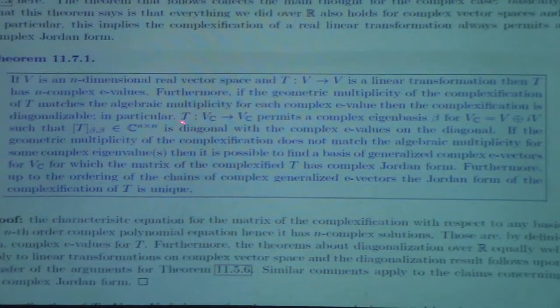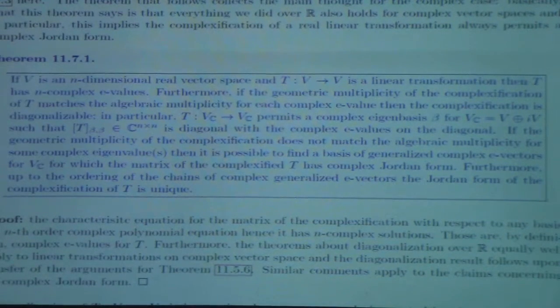I maybe should have T sub C here. The complexification of T permits a generalized complex eigenbasis. If it happens to be complex diagonalizable, then it admits a complex eigenbasis, and you don't need the generalized complex eigenvectors, fine. But generally speaking, you might need generalized complex eigenvectors to get the generalized complex eigenbasis for the complexification of T. But once you have that, that means you could put the complexification into so-called complex Jordan form, right?